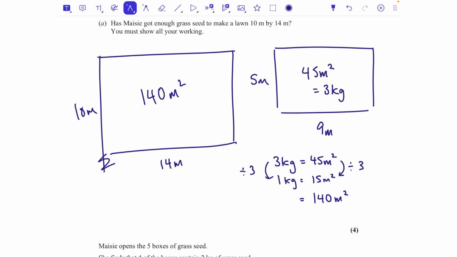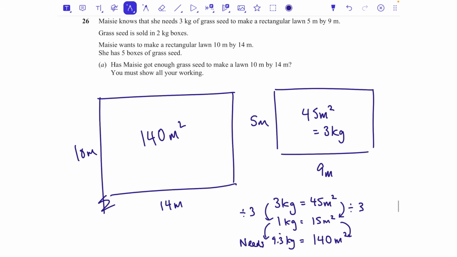This is just the way I've decided to do it. Every kilogram of grass seed covers 15 metres squared. So to get 140 metres squared, let's do 140 divided by 15, and that will tell us how many kilograms she needs. So that's 9.3 recurring. So 9.3 recurring kilograms. That's how much she needs.